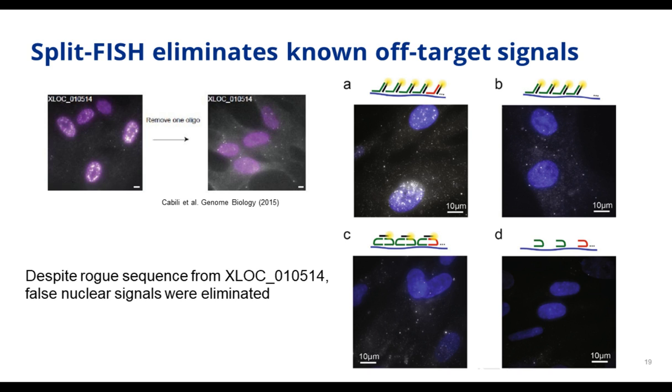The misbinding of this sequence to the nucleus is by itself, and that off-target sequence will not have sufficient complementary nucleotides to allow the binding of the readout probes. So in that case, the split probe is indeed able to eliminate these off-target signals.